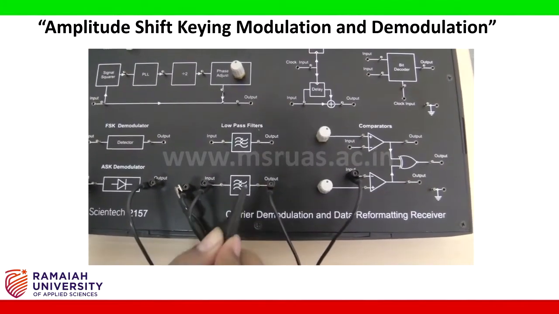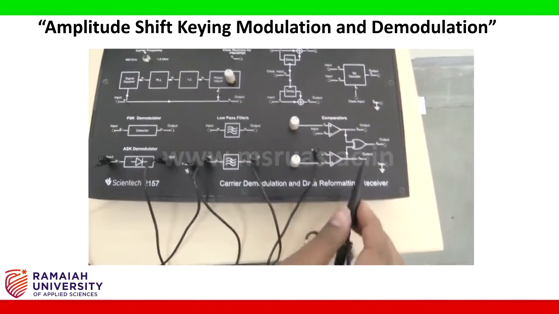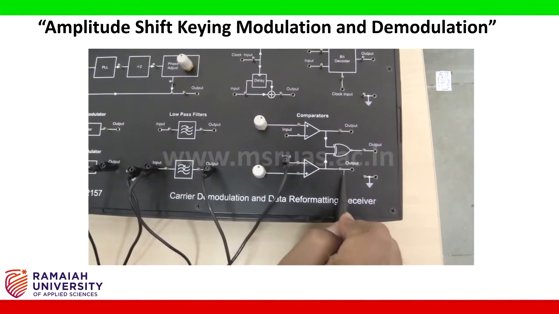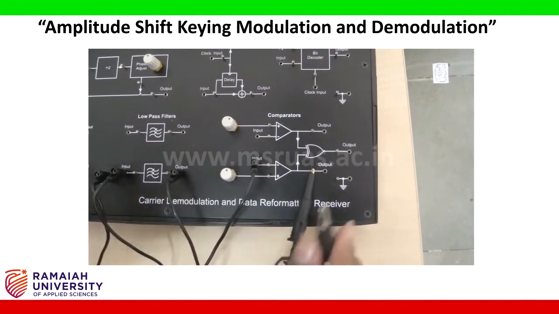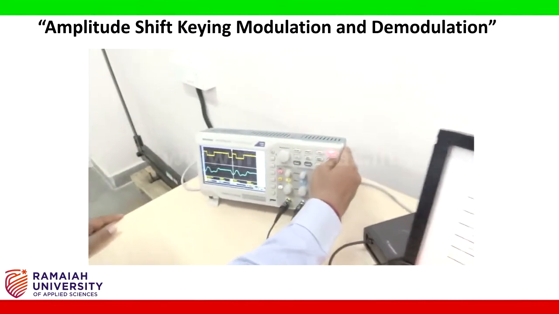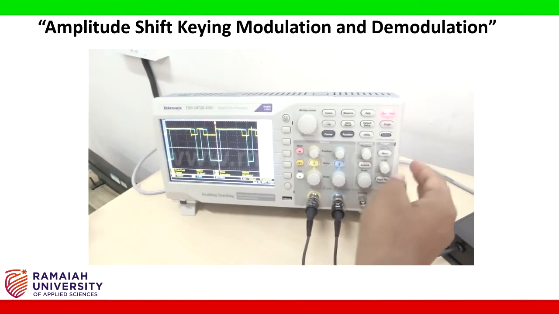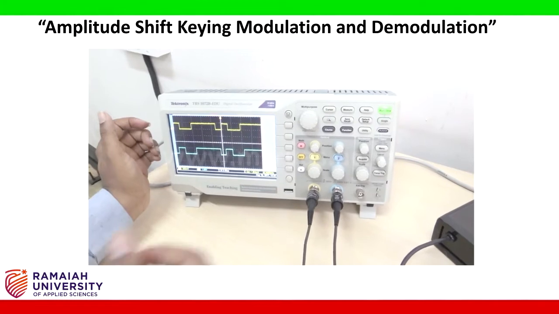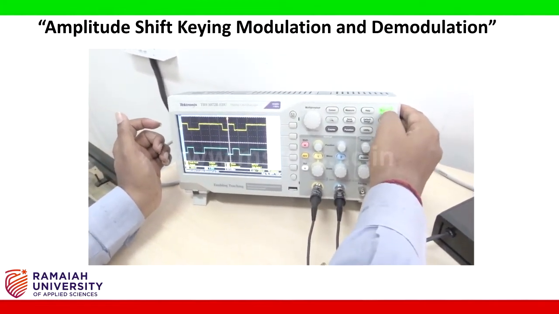Now I am removing the probe from the low pass filter and connecting to the comparator output, and to the ground. Again you press the run and stop button, and again we will press the auto set such that the magnitude will be set to normal, and then again you press the run and stop button.